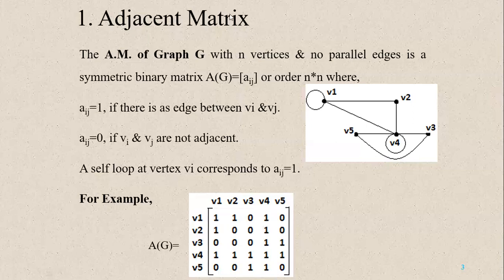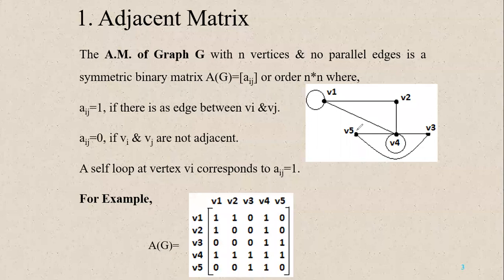What is the procedure to make an adjacency matrix using this graph? The first condition: Aij is equal to 1 if there is an edge between Vi and Vj.